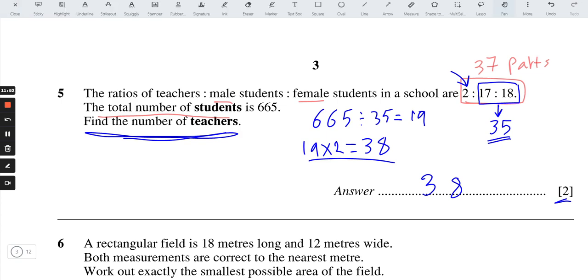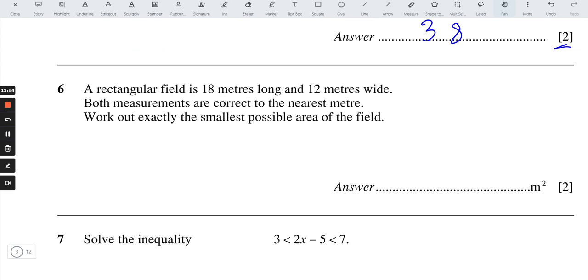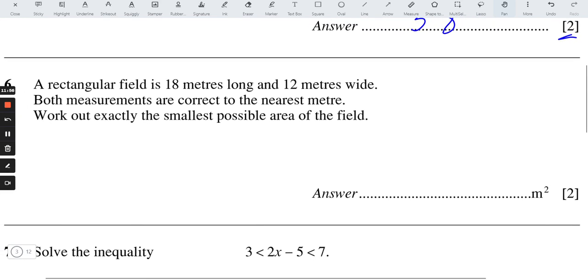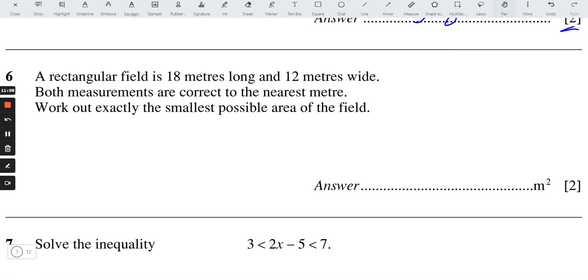Question 6 here says a rectangular field is 18 meters long and 12 meters wide. Both measurements are correct to the nearest meter. Work out exactly the smallest possible area of the field.